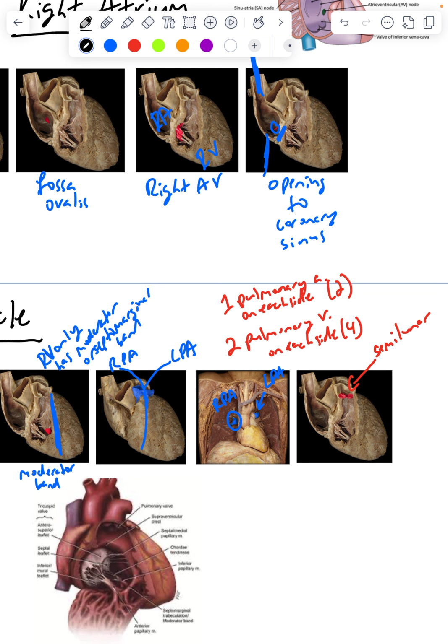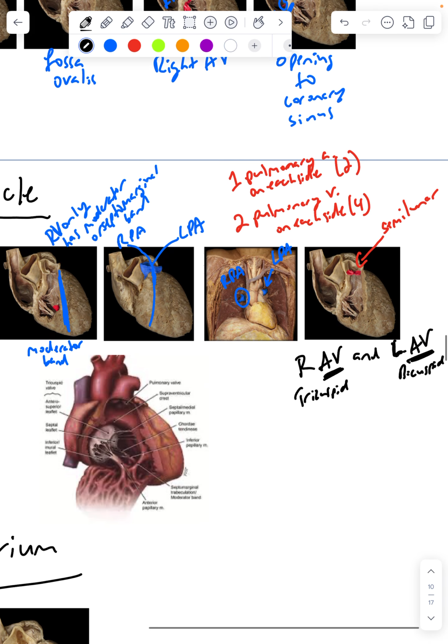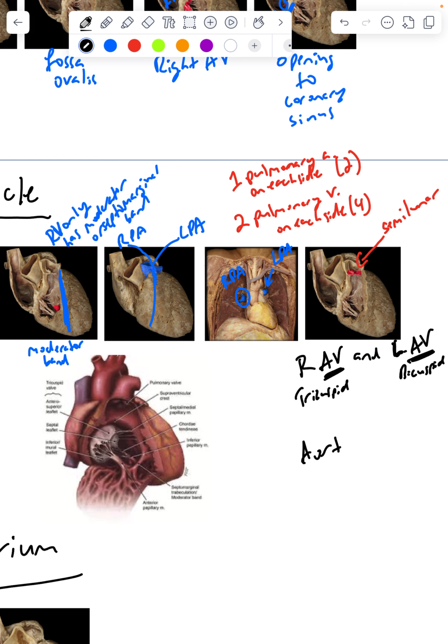The right AV and left AV: on the right and left, you have atrioventricular valves. So this is tricuspid and bicuspid. Your other two valves, your aortic and your pulmonary valve, are called semilunar valves.